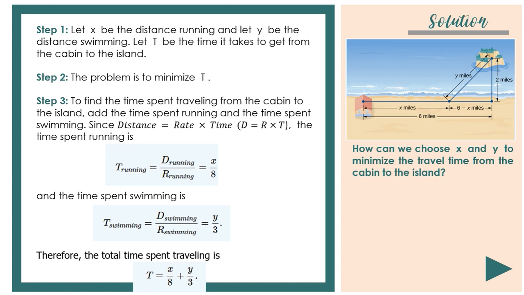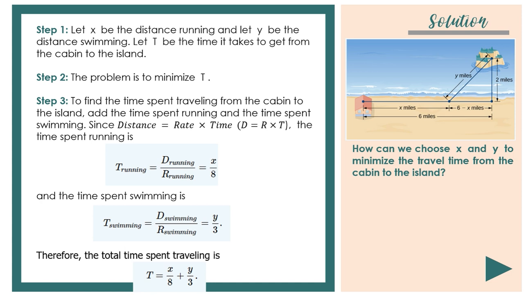So that is, distance nga ma-run siya is x divided by 8 ang iyang rate or iyang speed. And the time nga ma-spend niya for swimming will be distance nga i-spend niya for swimming divided by ang rate niya mag-swim. So that is 3 miles per hour.